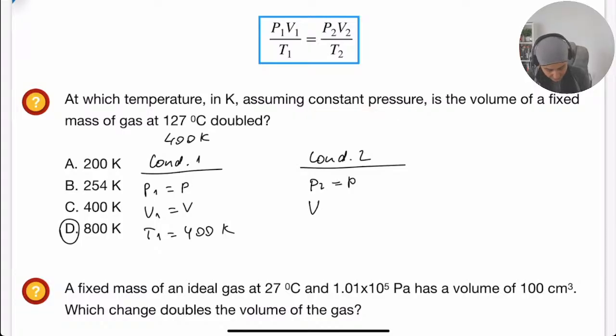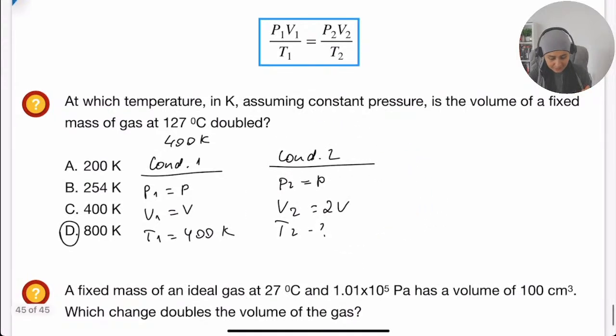Volume V2 is double V1, so the volume must increase, so it's 2V. Yes, all good. And T2 we want to find. Okay, so these are two conditions.